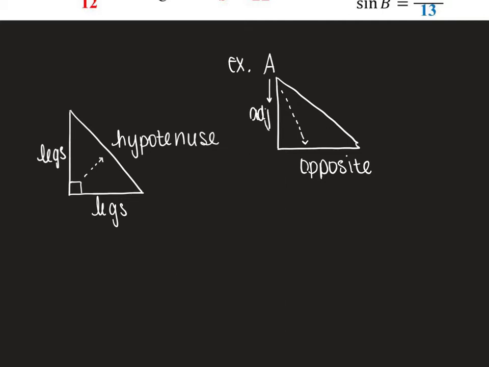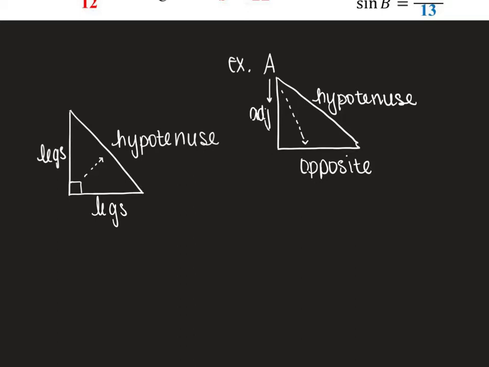That would be the classroom next door. And then the hypotenuse is always the hypotenuse. So be very careful when you're trying to determine what is your opposite side or what is your adjacent side. So opposite would be like across the hallway, adjacent would be right next to the angle.